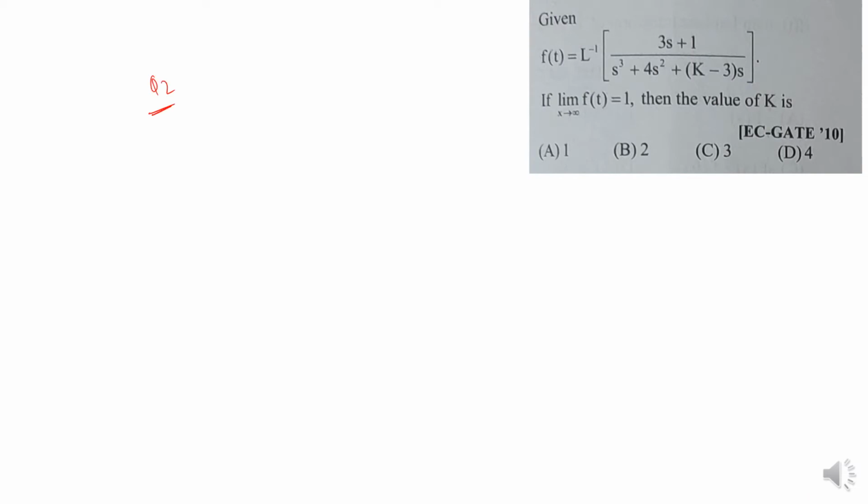Now question number 2. Given f of t is this, if limit t tends to infinity f of t is equal to 1, then the value of k is? What do we know actually? From the final value theorem, limit t tends to infinity f of t is equal to limit s tends to 0 s into F of s.